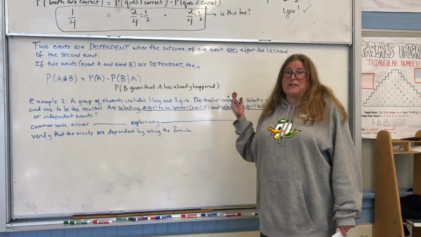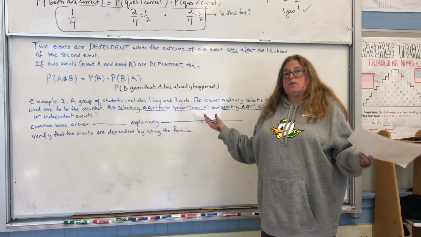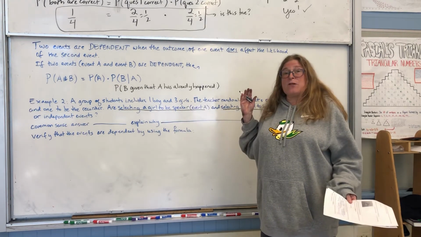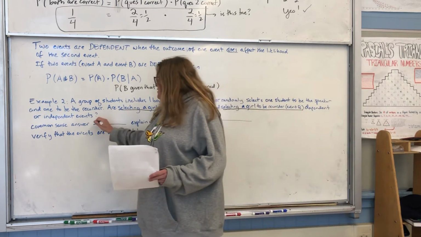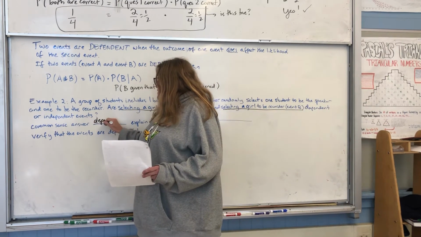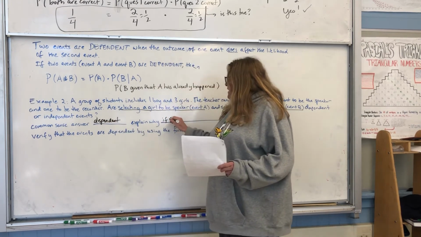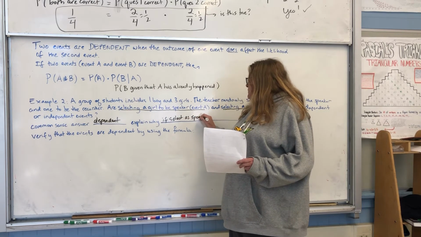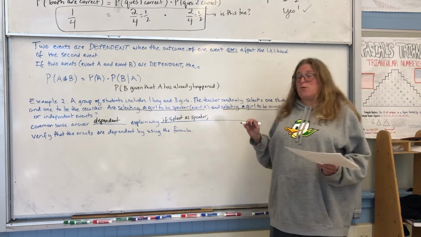Well, yes, because if I select a girl for the speaker, how many kids are left to play the recorder role? Well, instead of 4, there are now 3, right? So if you select a girl as speaker, there's 1 fewer girl left for recorder.